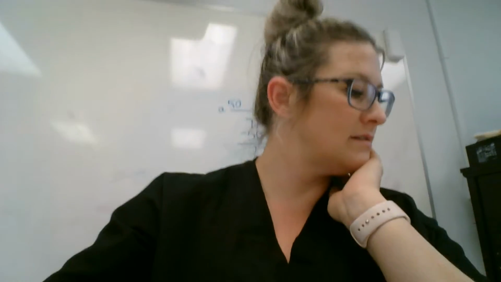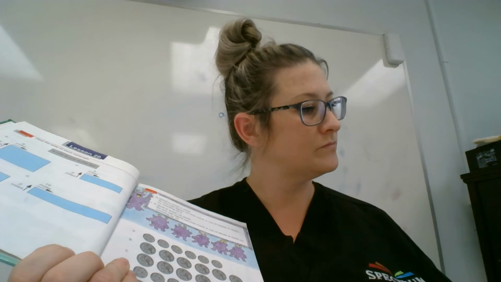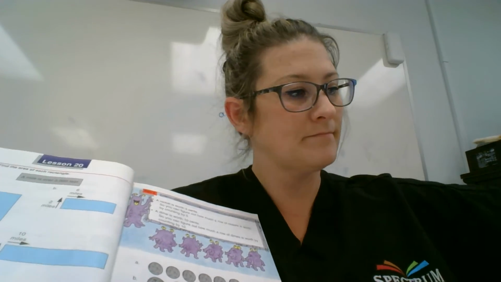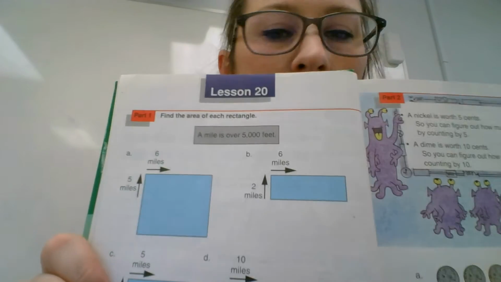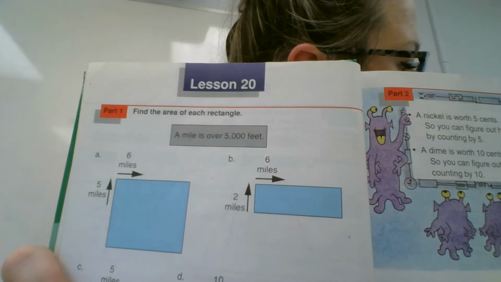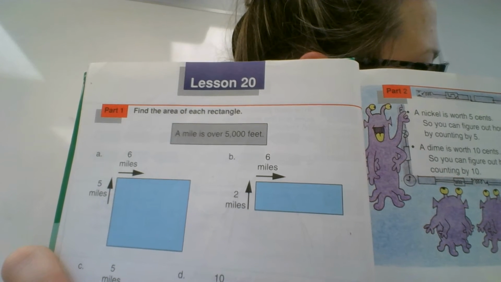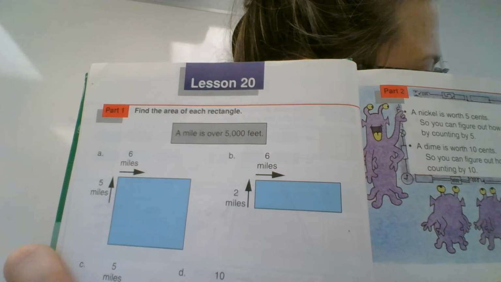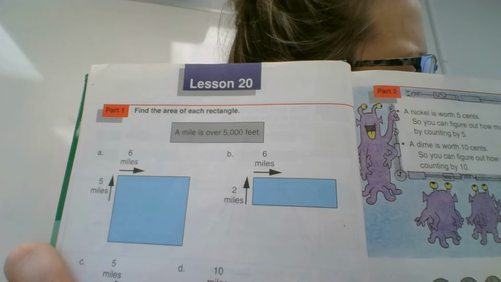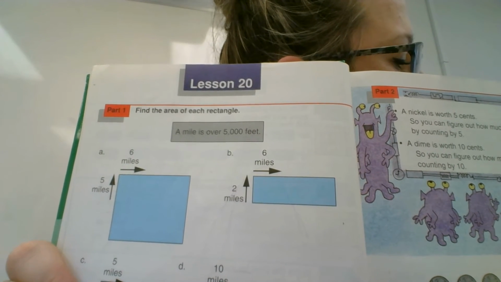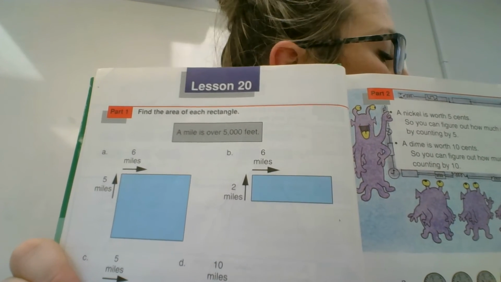All right. Find part 1. This is a quick lesson because we actually have a test tomorrow. All right. Lesson 20, part 1. You're going to work area problems that involve miles. A mile is a long distance. 1 mile is over 5,000 feet long.